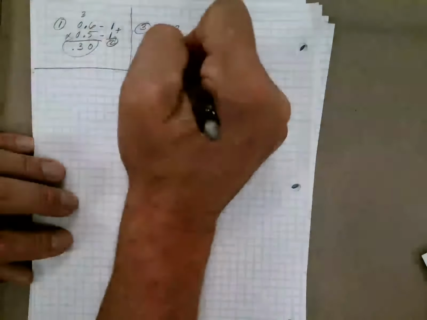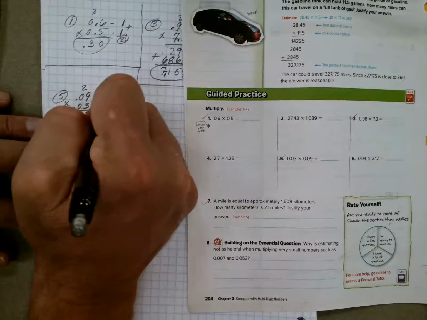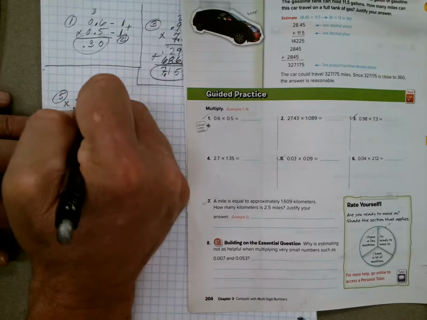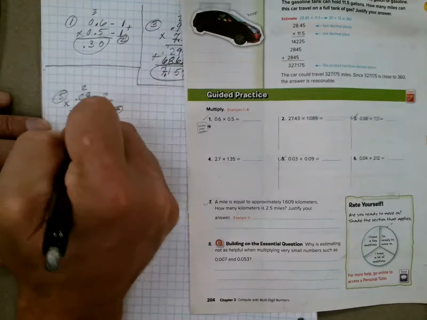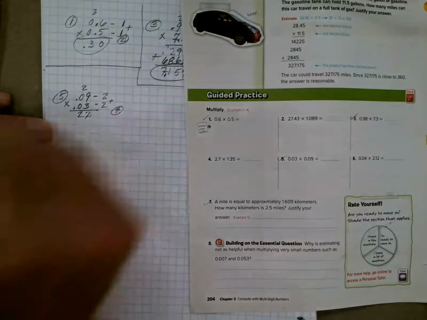Carry the 2, 0, and 2. Not going to multiply through by the 0 because it's not going to change anything. What I am going to do is count the digits to the right. 1, 2, put a dash and a 2. 1, 2, a dash and a 2. 2 plus 2 is 4. So I need to move this decimal point over 4 places.